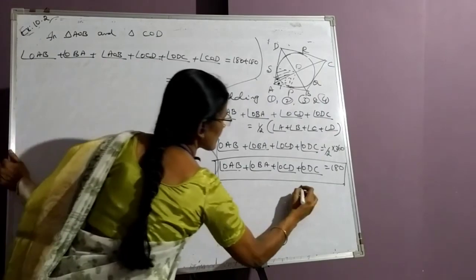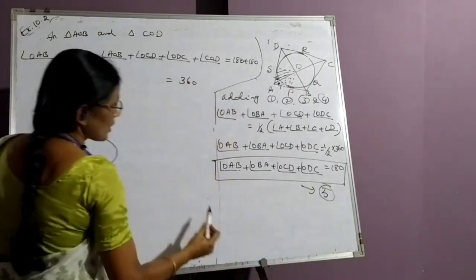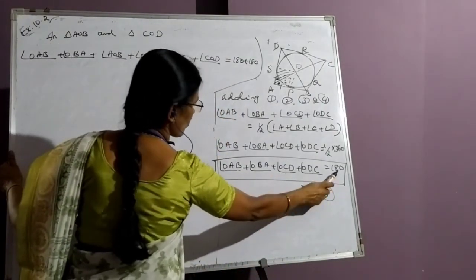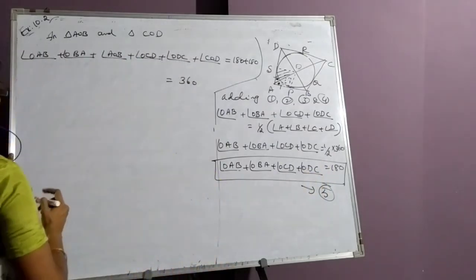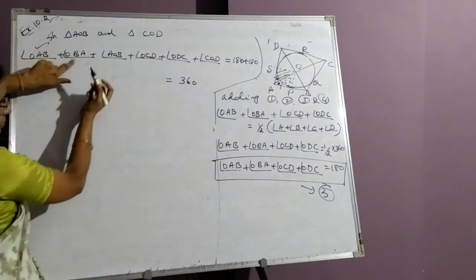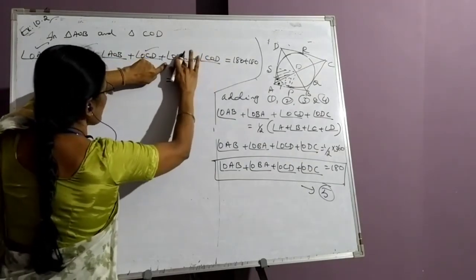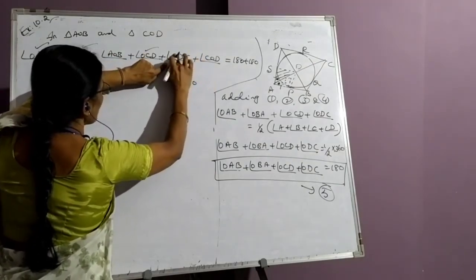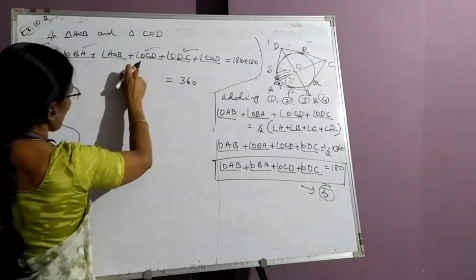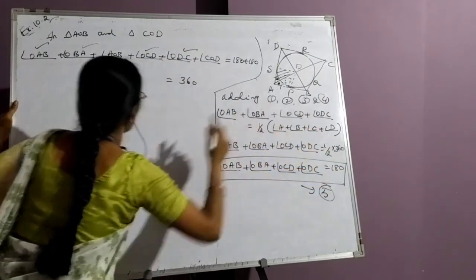Now I take this result as 5. So in the place of these four angles, what can be substituted? 180 can be substituted. So OAB plus OBA plus OCD plus ODC, for these four angles, which number can be substituted? 180.